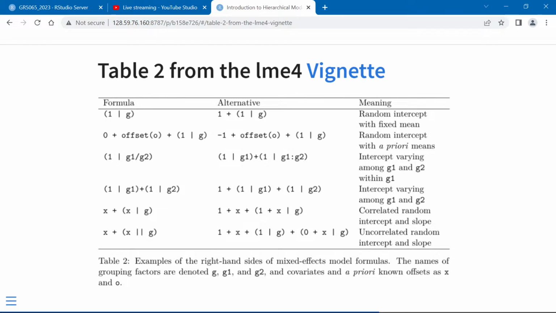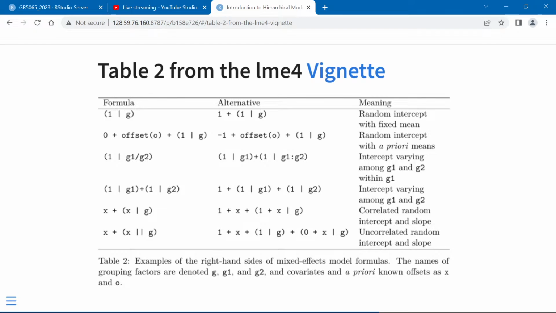It just means allow the intercept to be distributed normal with mean of 0. And you can have other structures as well, like schools within school districts within states, so you can do the nesting. But most common are this one, which allows the intercept to be normal, and this one, which allows the intercept and the slope on X to be normal across the big units.